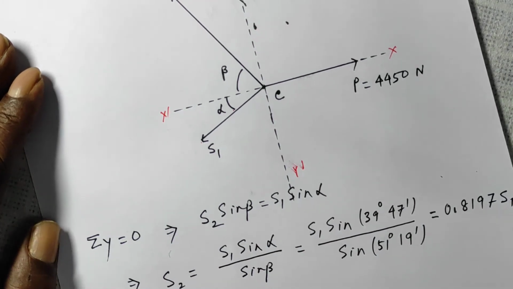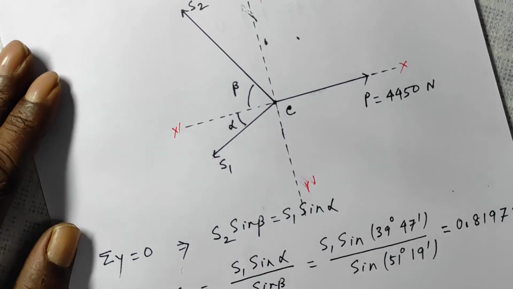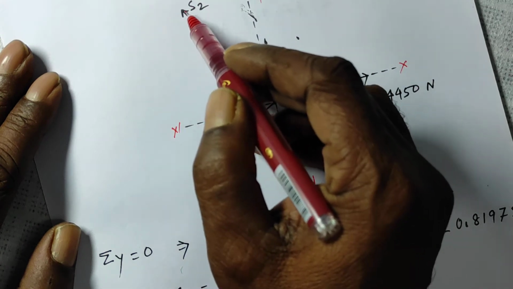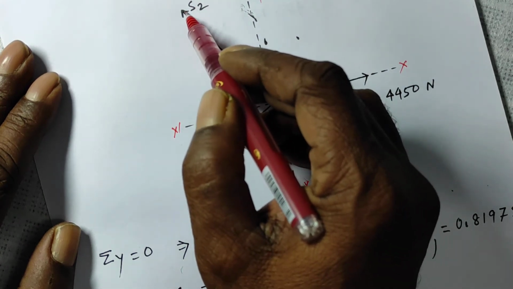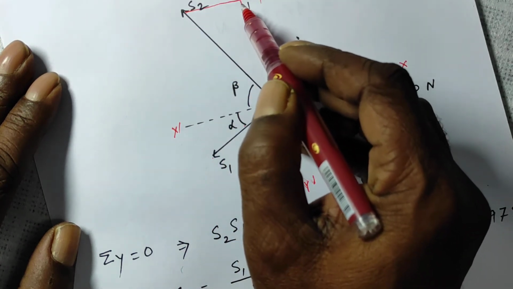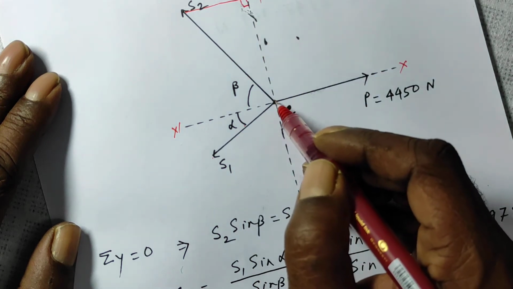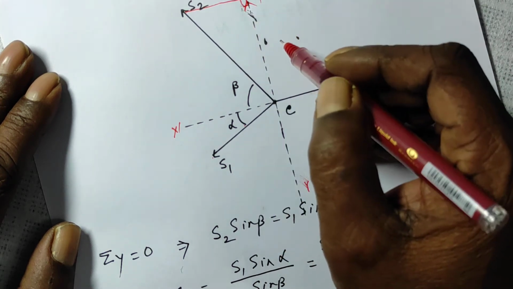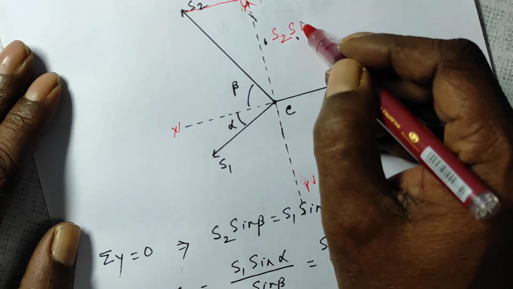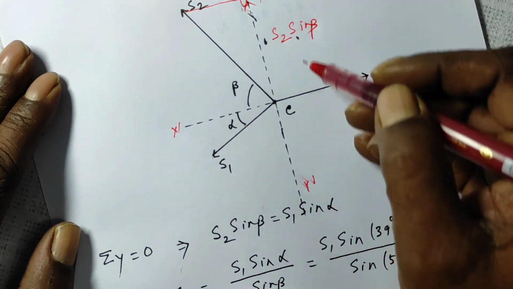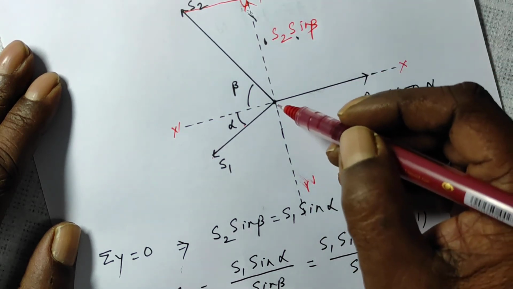Now let us apply sigma y is equal to 0. If you drop a perpendicular from the tip of this axial force on the y-axis, here this will be 90 degree, and this part from O to here will be your S2 sin beta towards positive y-axis.